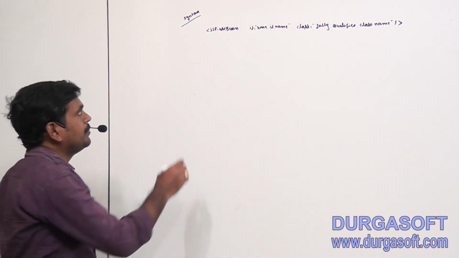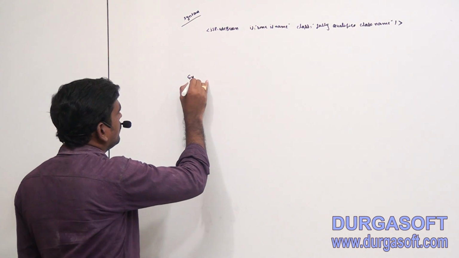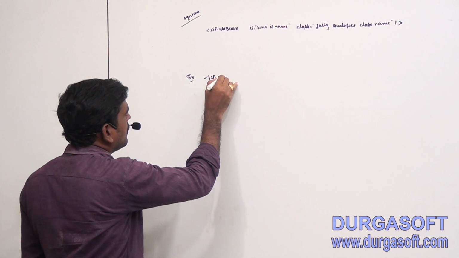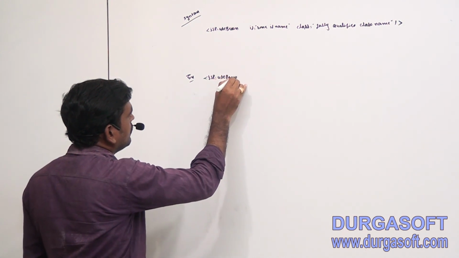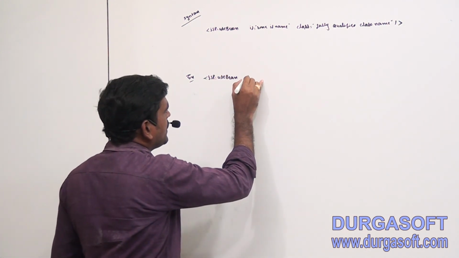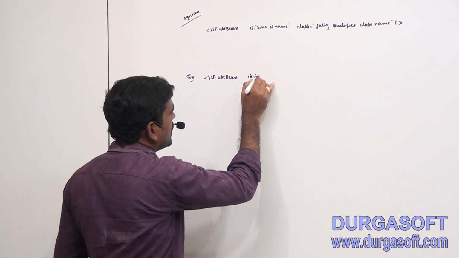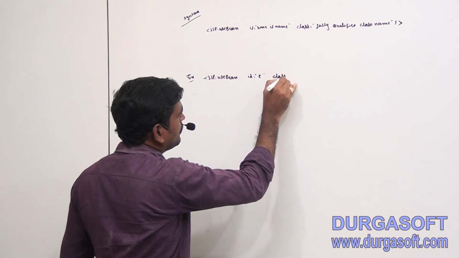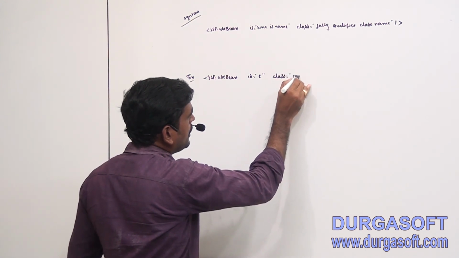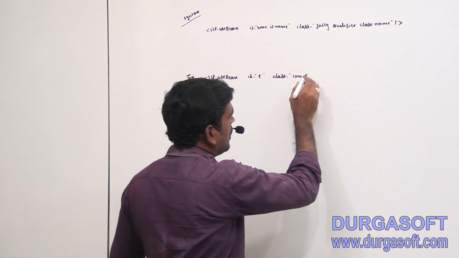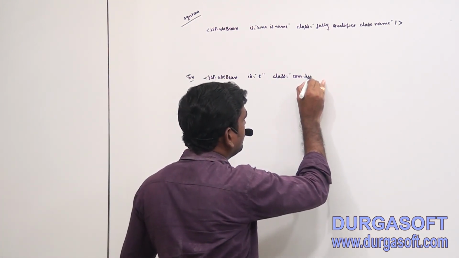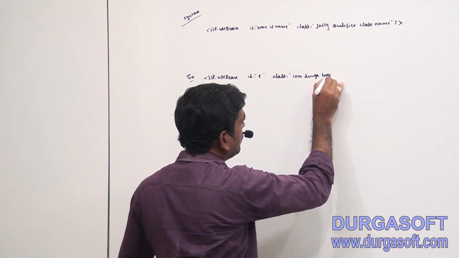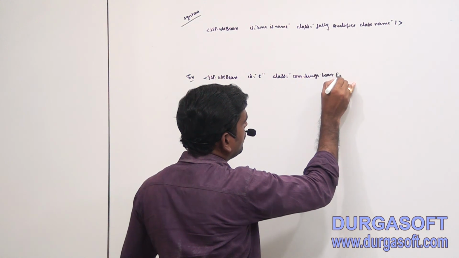Then the example: jsp:useBean id equal to some id, for example e, class equal to com.durga.bean.Employee, with the package name.